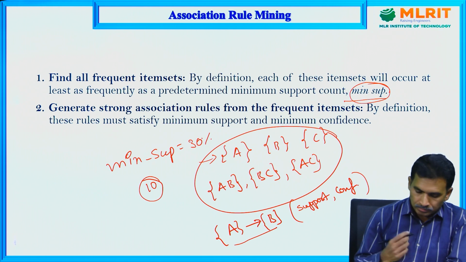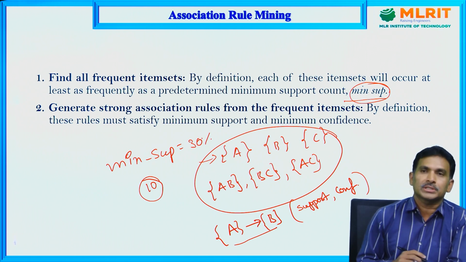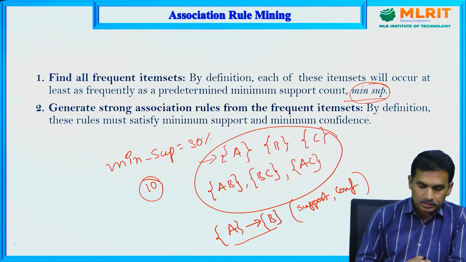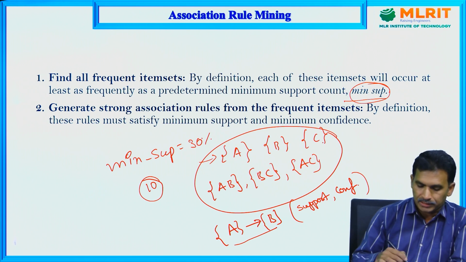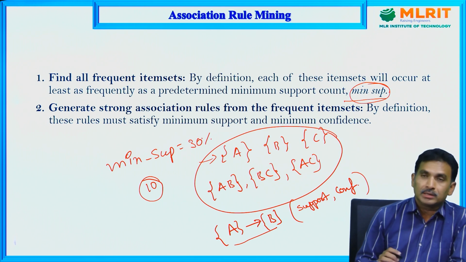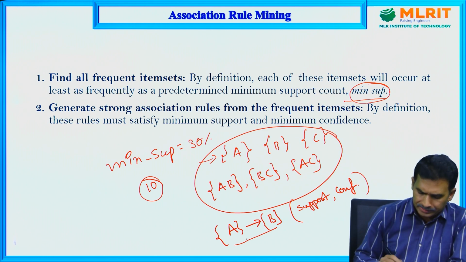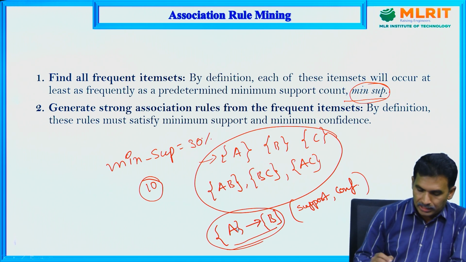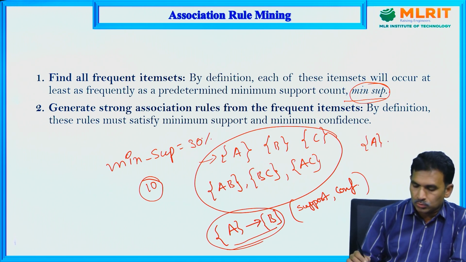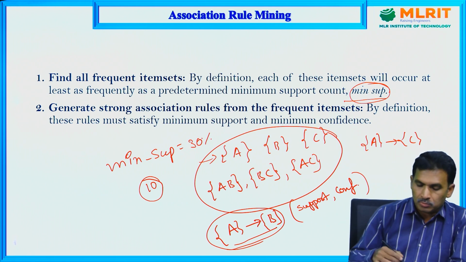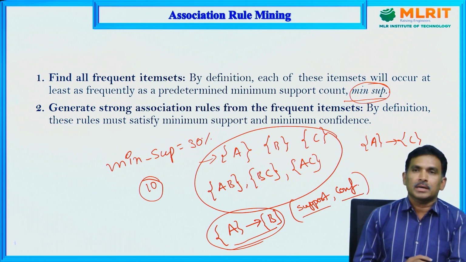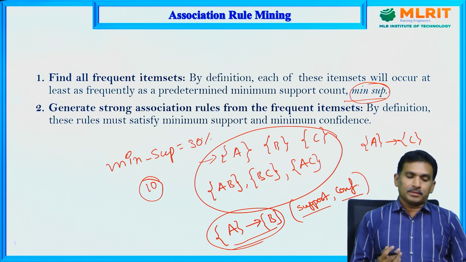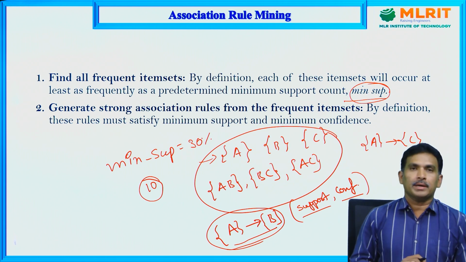The process of finding the frequent item sets is the first step and is a costly process, whereas the second one we derive directly, like suppose A B, and I could also write another rule like A C. We derive the rules among all these frequent item sets, then find the support and confidence for each rule, and based on that we decide whether a particular rule is interesting or not.